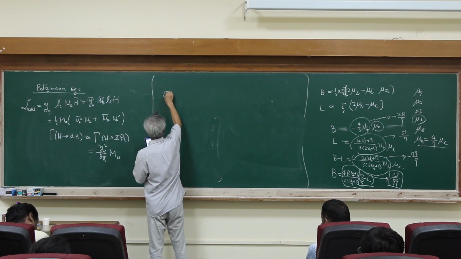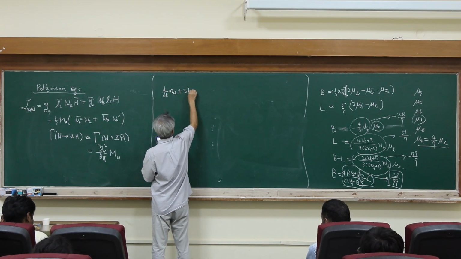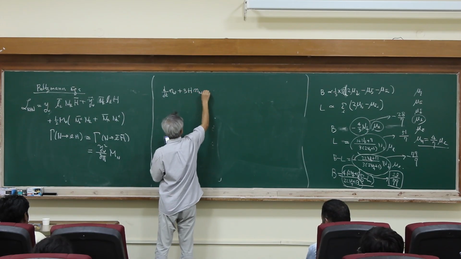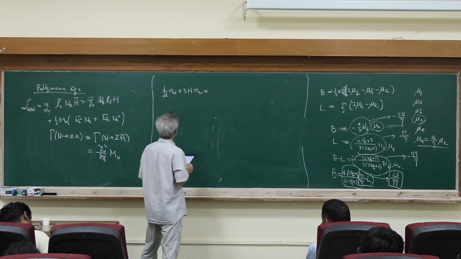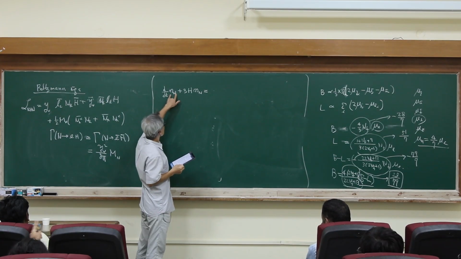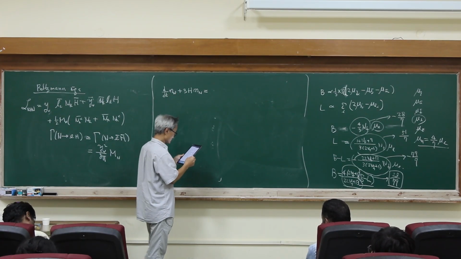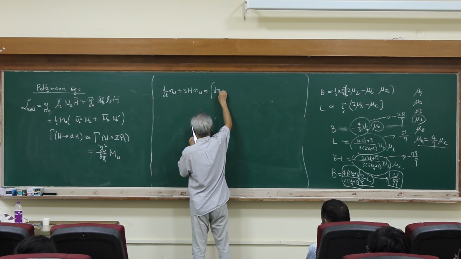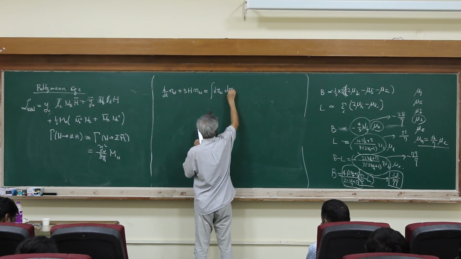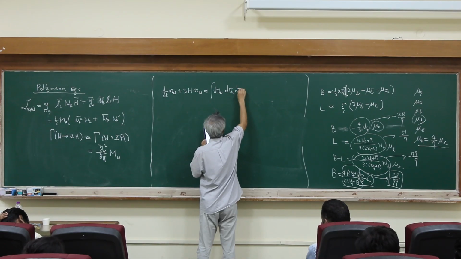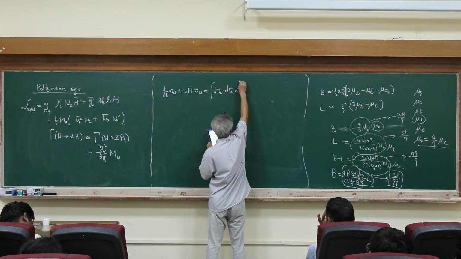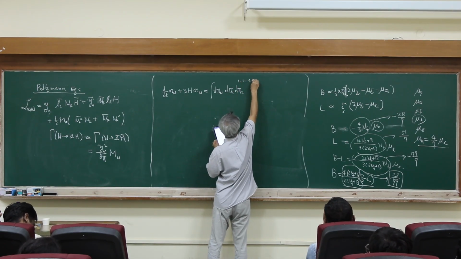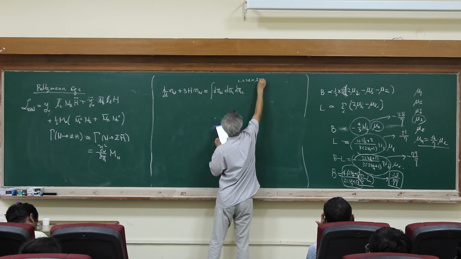Okay, so the number density of the right-handed neutrino follows this equation. Here 1 and 2 are either LH or L bar H bar.